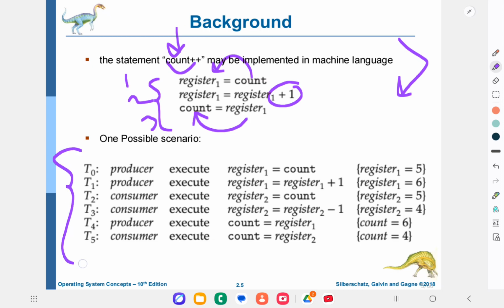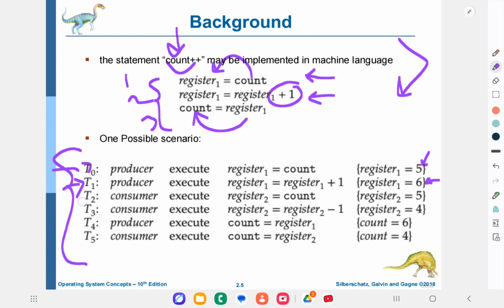So imagine this possible scenario where the producer starts executing here, right? It starts with the first task, which is register 1 equals count. So now register 1 equals 5. Next, the producer still has hold of the CPU, and it proceeds to the next command. Now we add 1, so register 1 is equal to 6 at this point, right?